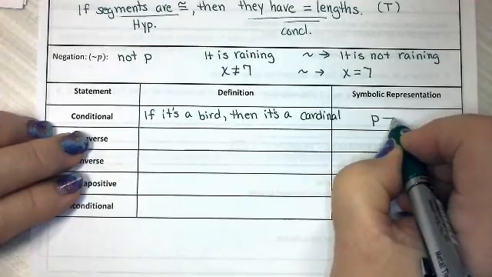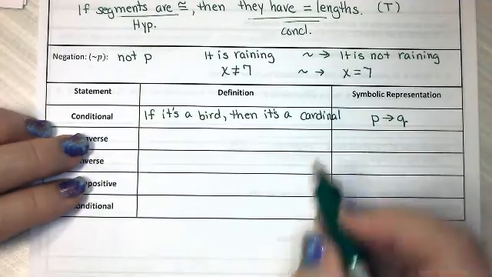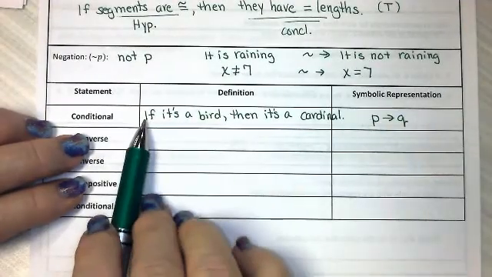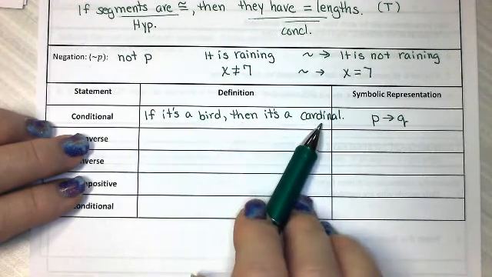So that's my if P, then Q. Now, is that a true statement? Now, when you read these, read it as if it's a bird, then it has to be a cardinal. Well, no, it doesn't have to be a cardinal.